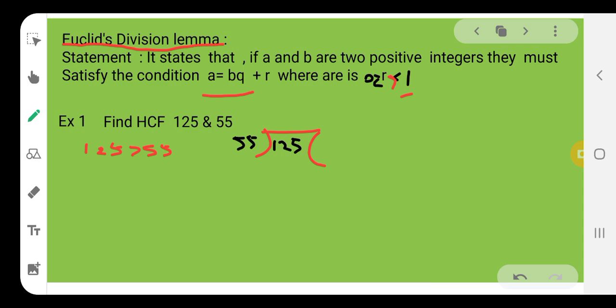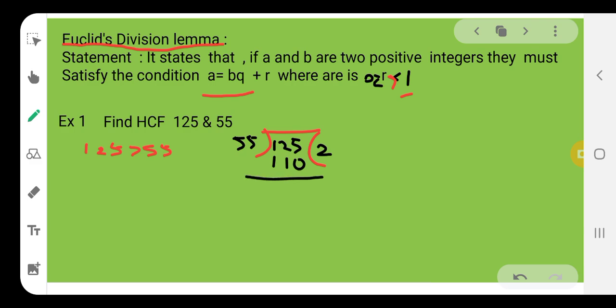Now if we take 55 two times, what will we get? 110, because taking it 3 times will be greater than 125, so we take the lesser one, that is 55 into 2.